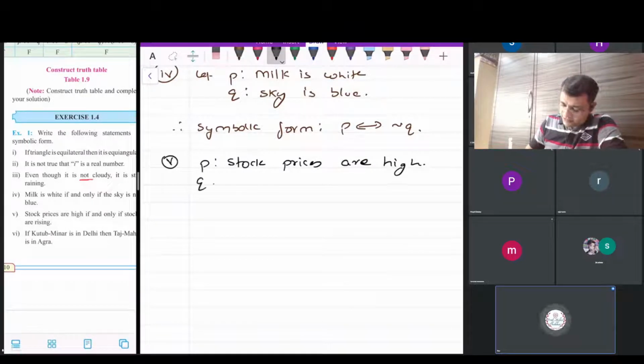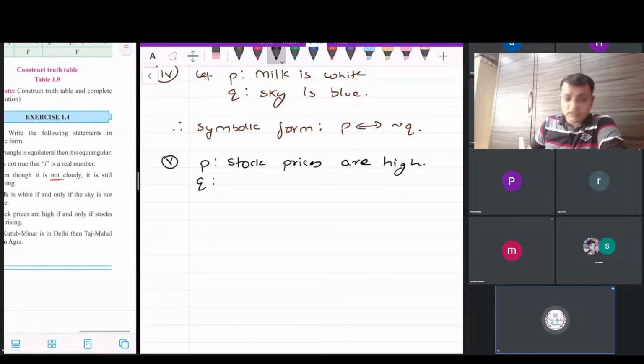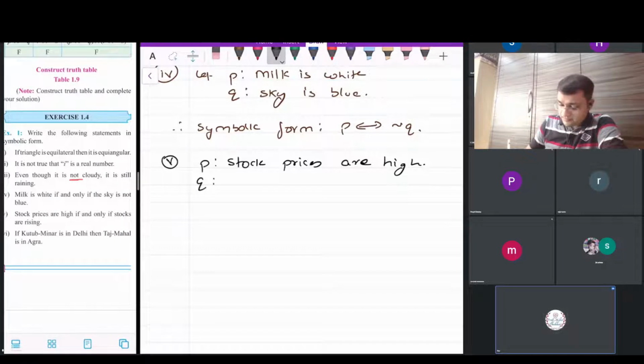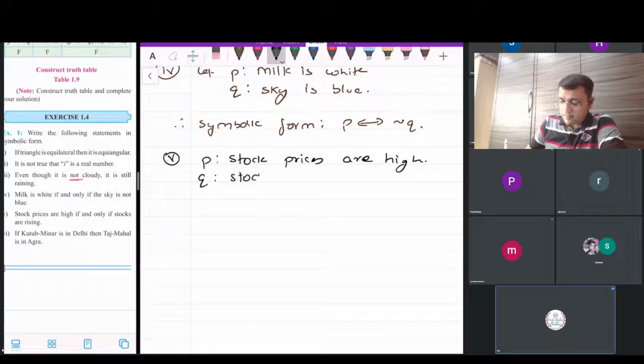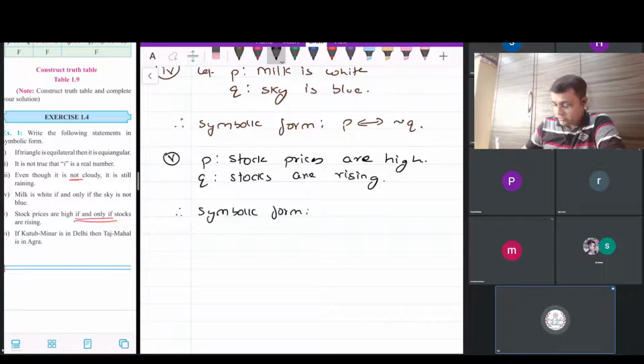Q over there denotes that the stocks are rising. So guys, your symbolic form looks like, he has used if and only if in between. So I will write over here P double implication Q.